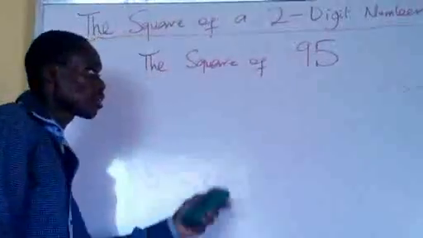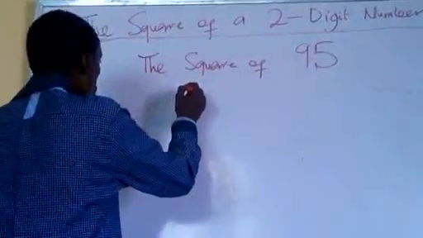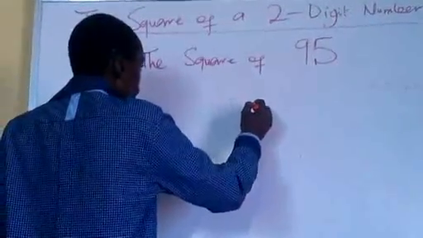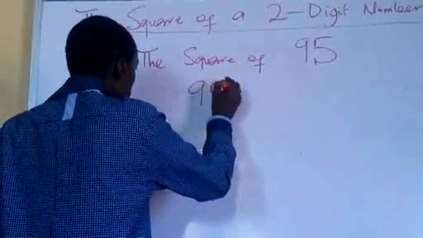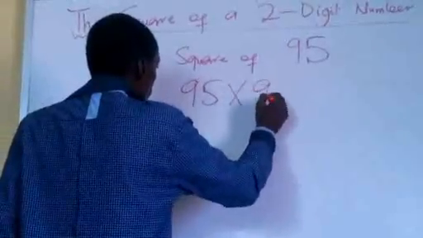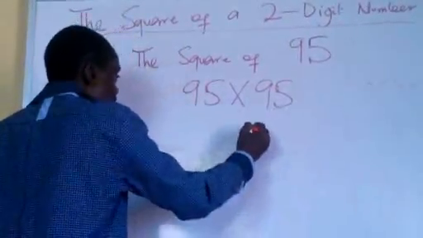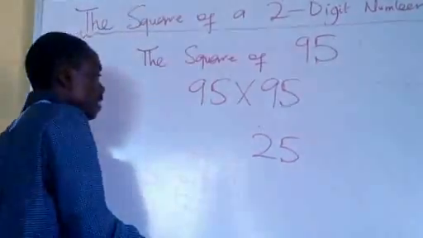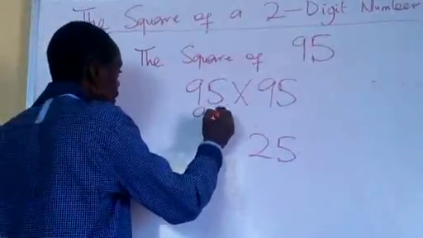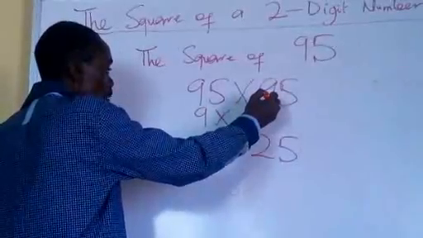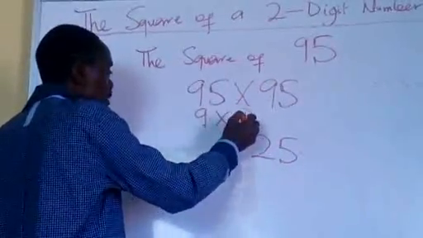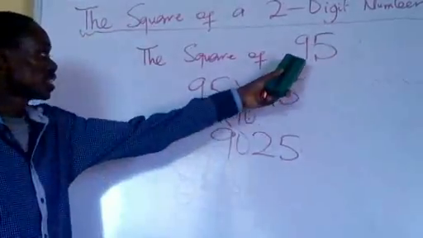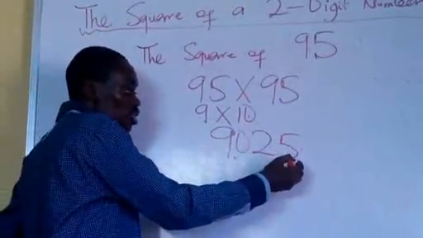For the square of 95, we have 95 times 95. At the extreme end, we're going to have 25. Then 9, we increase this by 1, it gives us 10. 9 times 10 is 90. So the square of 95 is actually 9,025.